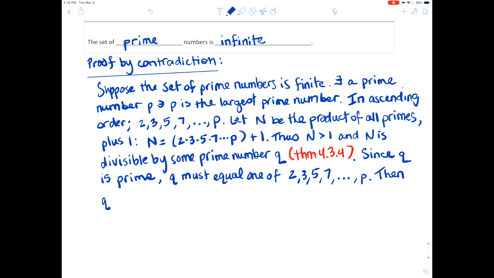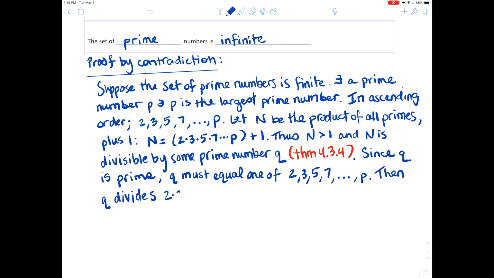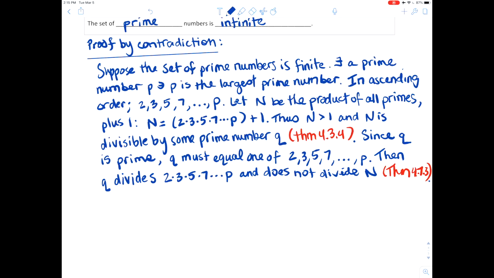Q has to divide that product, right? And Q does not divide N, which is a contradiction.